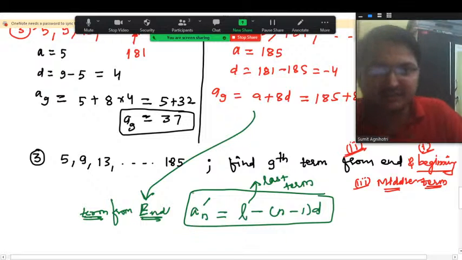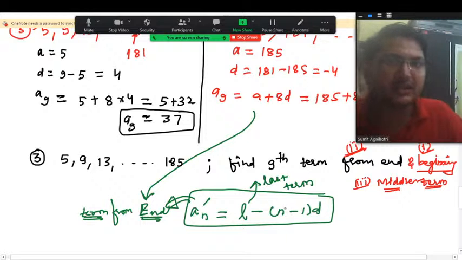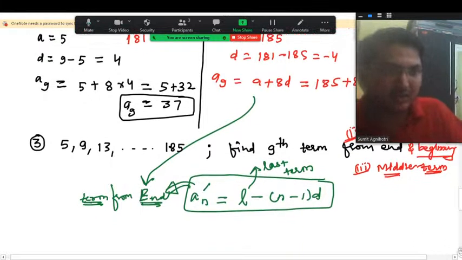Here a n dash means term from end. And here d means common difference. Here n means the term that we want, not total number of terms.